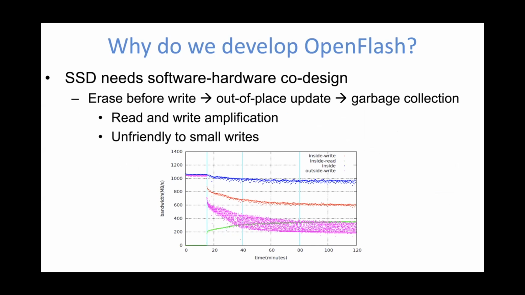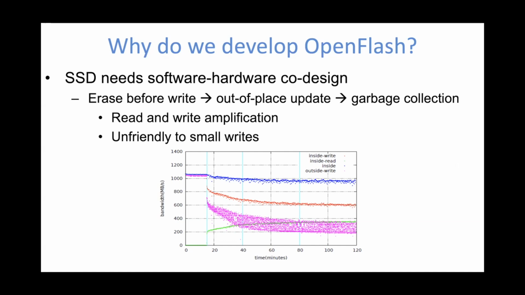And then we can look at the second feature of SSD, that it requires erase before write. It means that when we write a piece of data into SSD, SSD needs to first erase the data block receiving this piece of data.